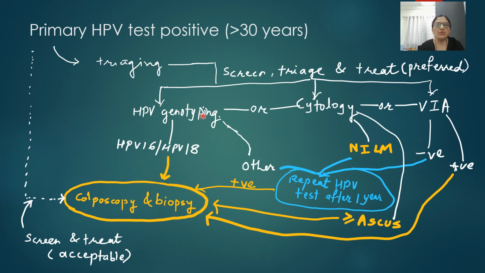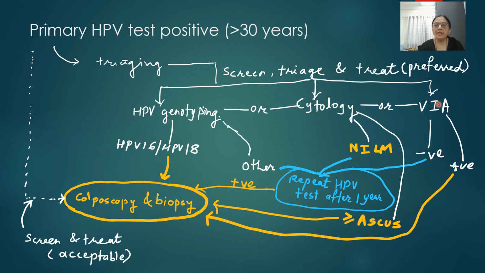Similarly, if HPV genotyping is showing the presence of a strain which is non-16 or 18, it is an indication to repeat the HPV test after 1 year. I have used blue color for the low risk results, where it is an indication to repeat HPV test after 1 year, and if that shows positivity, then only go for colposcopy and biopsy.